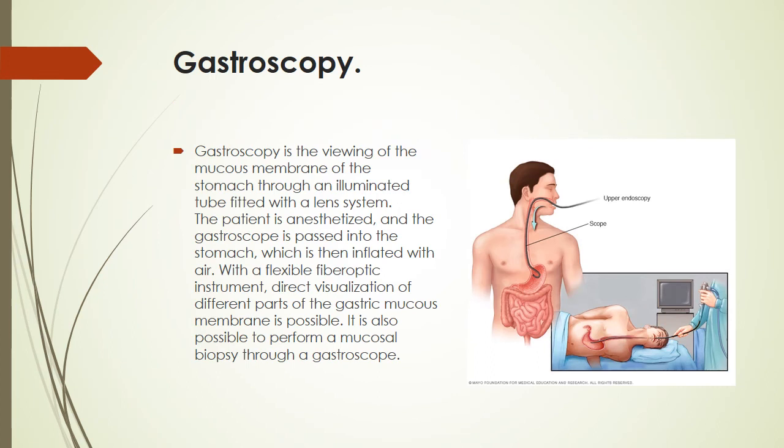Gastroscopy is the viewing of mucous membrane of stomach through an illuminated tube fitted with lens system. The gastroscope is passed into stomach, and with help of this, direct visualization of different parts of the gastric mucous membrane is possible, and a biopsy can also be performed during this procedure.